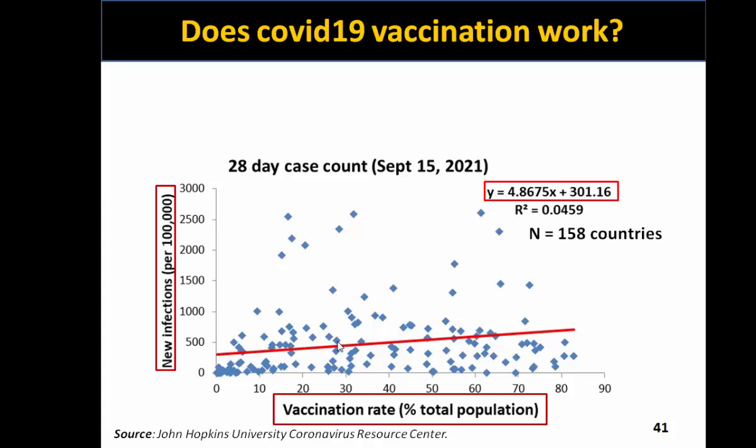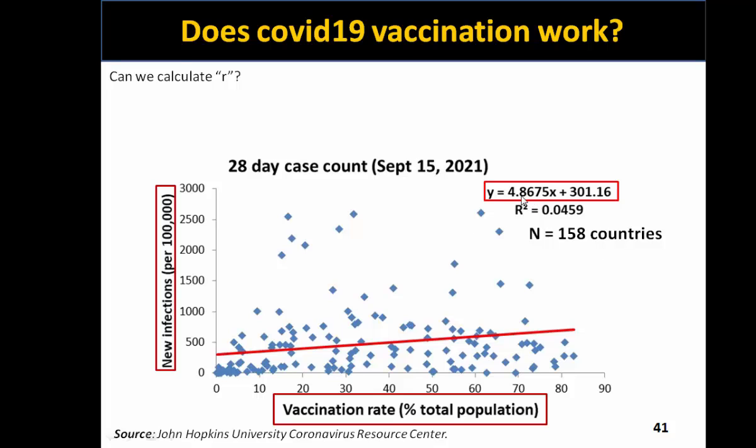In fact, 158 countries reported their new infections and their vaccination rate, and these were data that were obtained on September 15th, and the new infections relate to the 28-day case count. So for the 28 days prior to September 15th, countries reported their new infections and then were expressed per 100,000 people. And so can R be calculated from this?